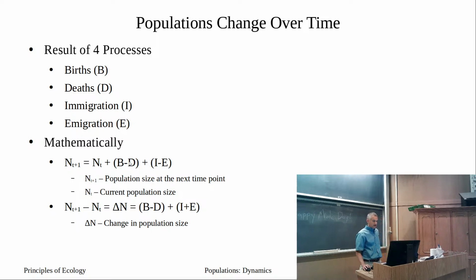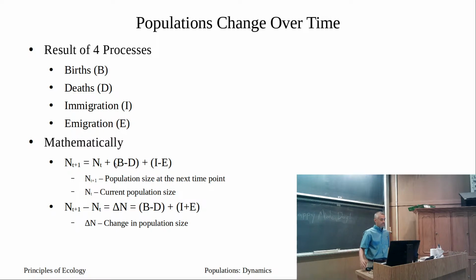So we've got our current population size, we account for births, deaths, immigration, emigration, and that gives us our next population size. And what we can do is get this n sub t off of this right-hand side, and how do we do it?